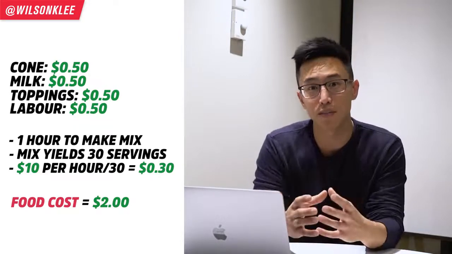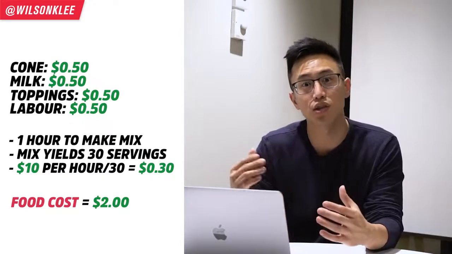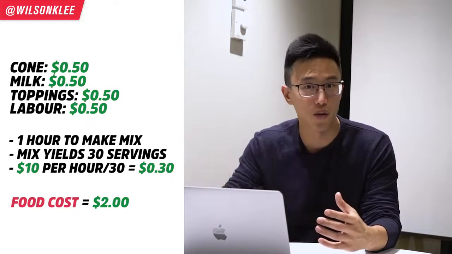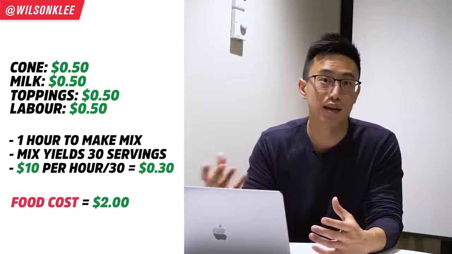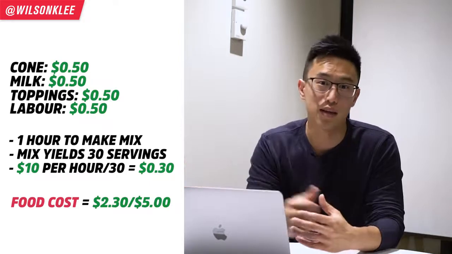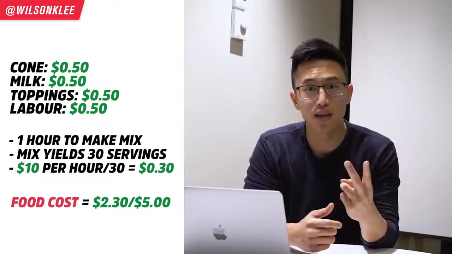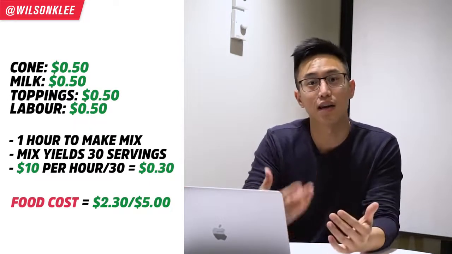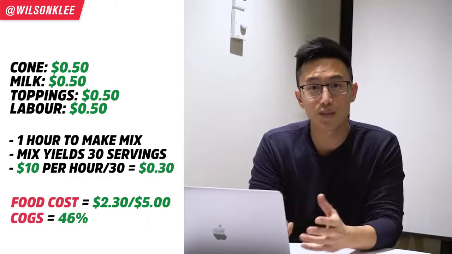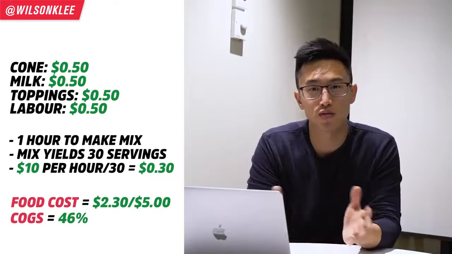Now use that number and divide it by how much you actually sell the product for. So for example, if we sell the ice cream for $5 to the public, then we use $2 divided by $5 to get our cost of goods sold percentage. Typically speaking, cost of goods sold should range from, I would say, 15 to 30%. 30% is the maximum that we would want for cost of goods sold.